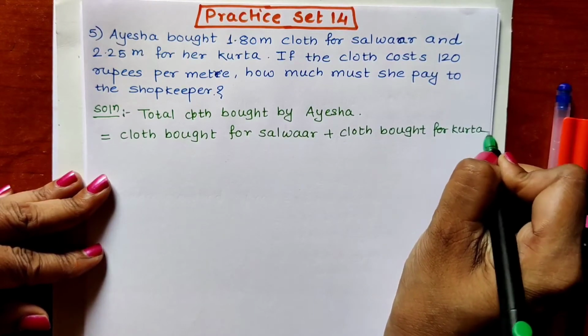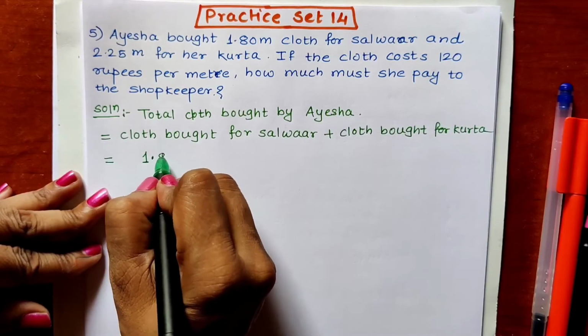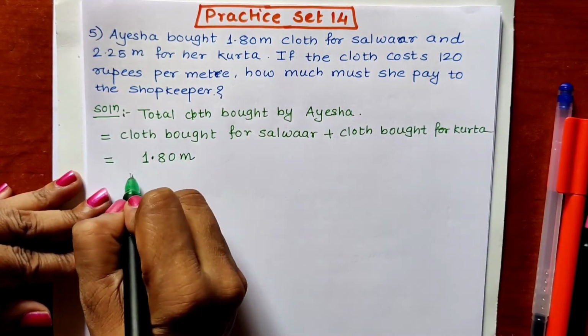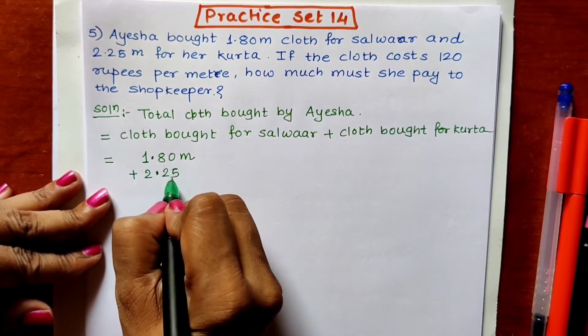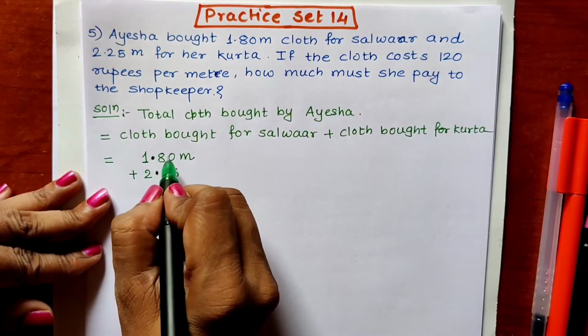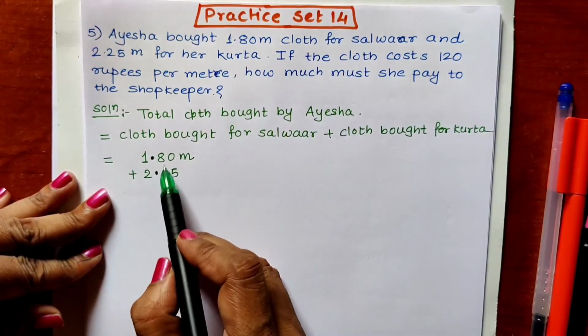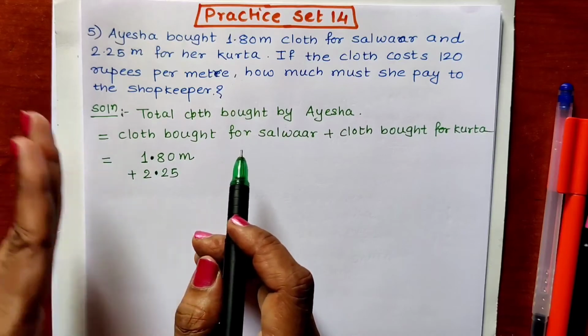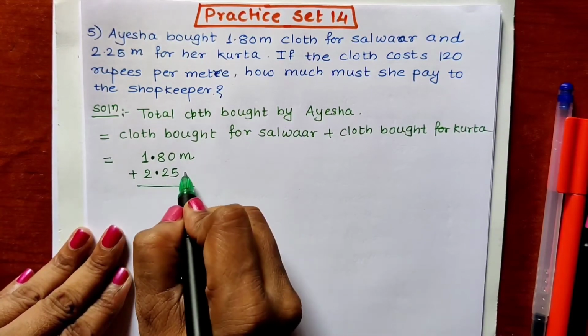Okay, so how much cloth she bought for salwar? She has bought 1.80 meter plus how much she bought for kurta? 2.25. See that the point should come below point and all the digits on the right hand side should be one below other. The digits on the left hand side should be one below other. So see that it should be written very carefully.